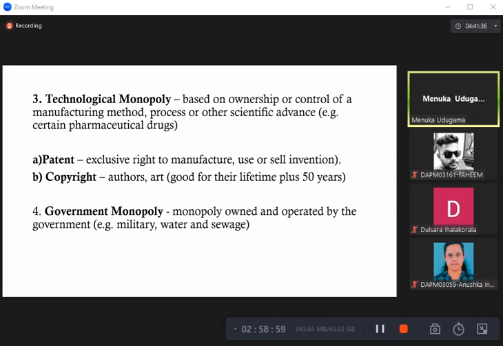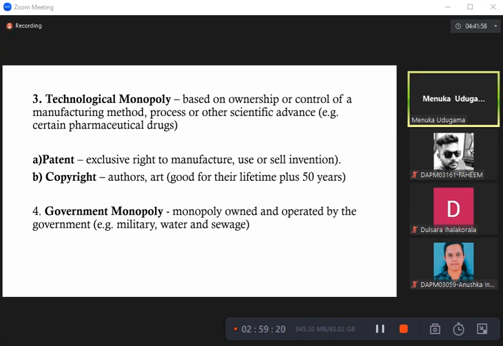Then technological monopolies. Again, the name gives you a clue that the monopoly is based on technology, patents, and copyrights mainly. For example, if I have a firm to produce a pharmaceutical drug, and if I have the patent, only I will be able to produce it. I will not give it to any other party.